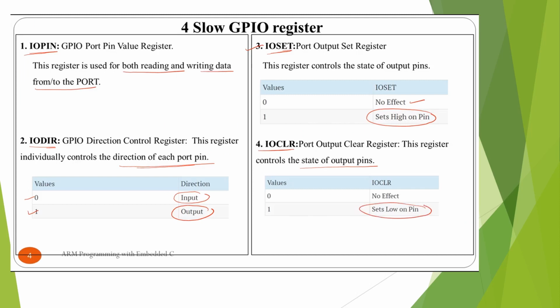As discussed in the previous video, there are four general purpose registers which are known as legacy registers. Here, legacy means slow. These registers will support lower version ARM processors.